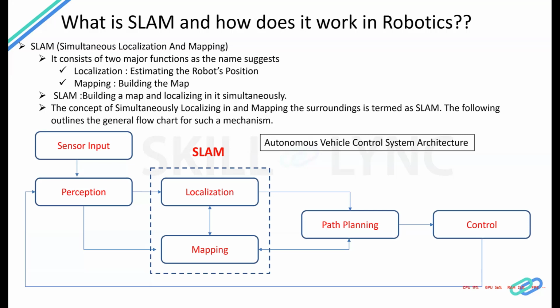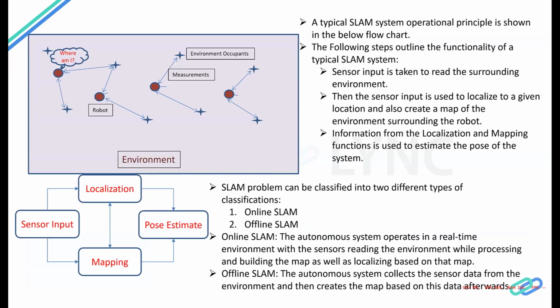Now moving on to the next part of this. As I was saying earlier, the operational principle of a typical SLAM system is shown below. So again, I'm going to repeat the same statements that I made earlier, but hopefully this will make it more clear if it was not earlier. Step one, you take the sensor input from the surrounding environment.